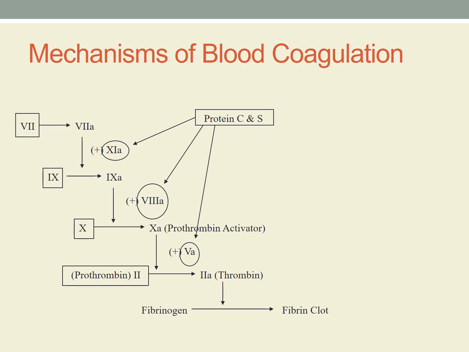So actually, by inhibiting proteins C and S, you're knocking out your body's own anticoagulation, which is important to understand, and I'll explain why in an upcoming slide. But for the most part, the inhibiting of the clotting factors is balanced with the inhibiting of the proteins C and S, and the end result is an overall anticoagulant effect.